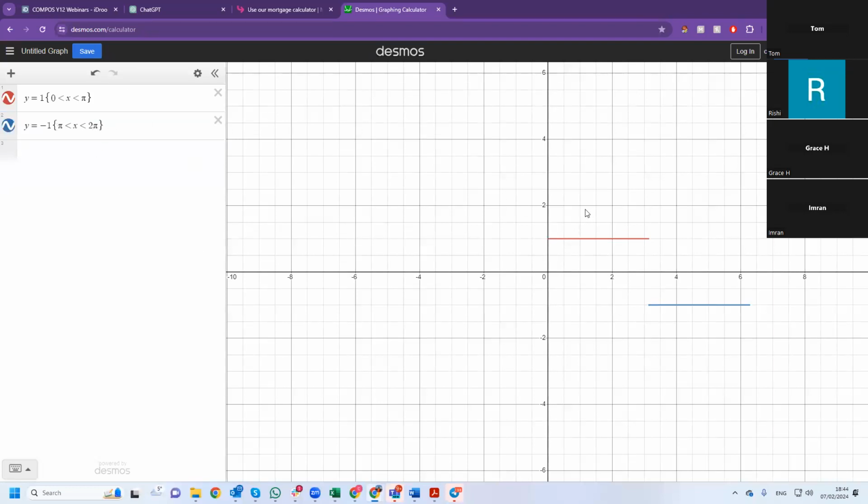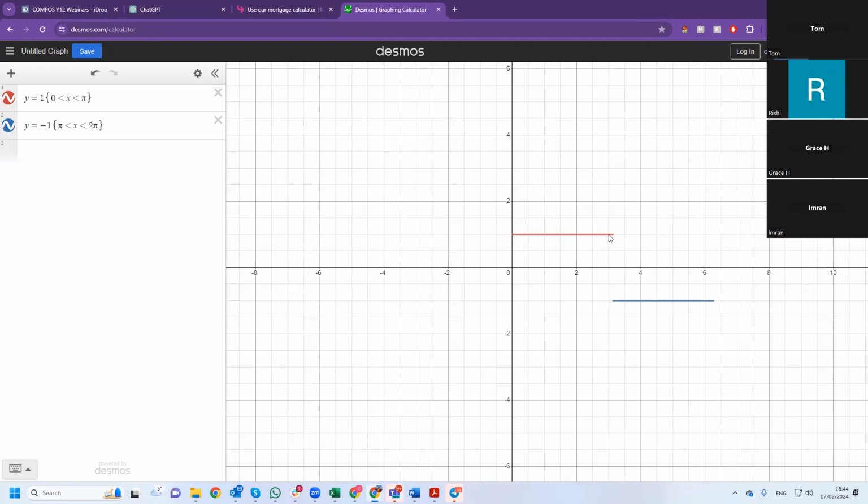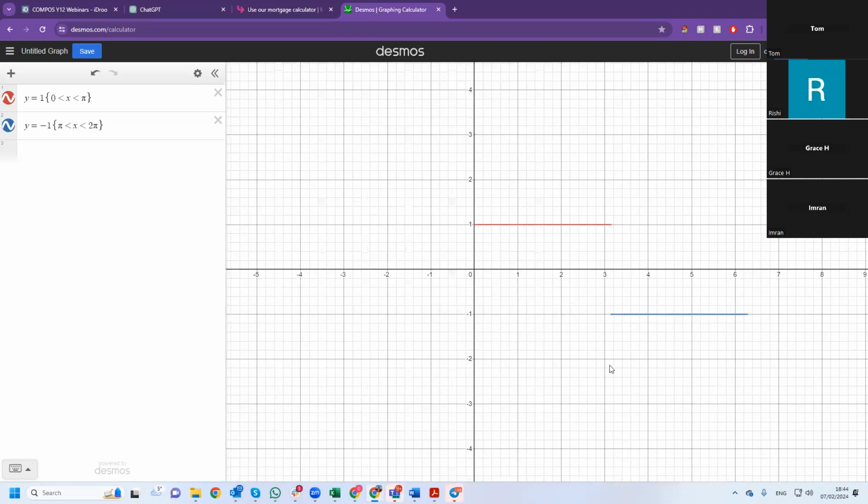So imagine a function like this. It's a step function. So it goes like this, right? It's 1 from minus pi to 0, then -1, then 1 from 2 pi to 3 pi.